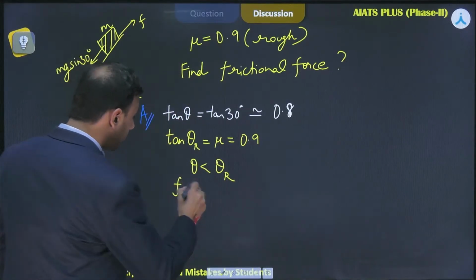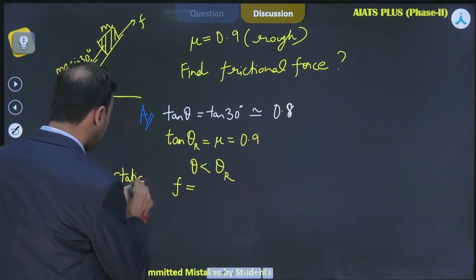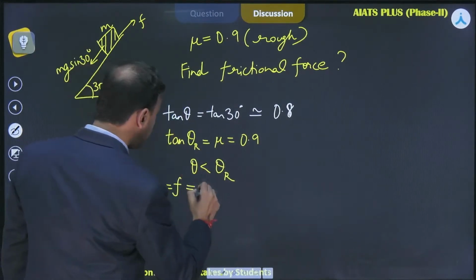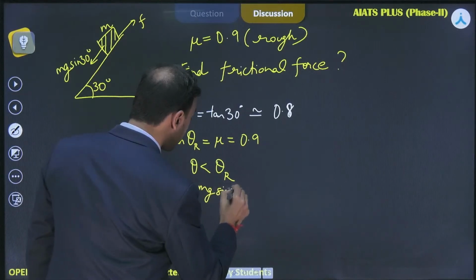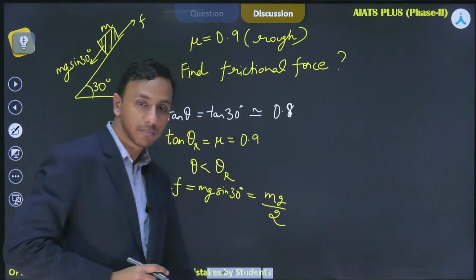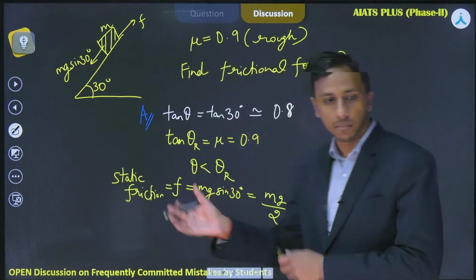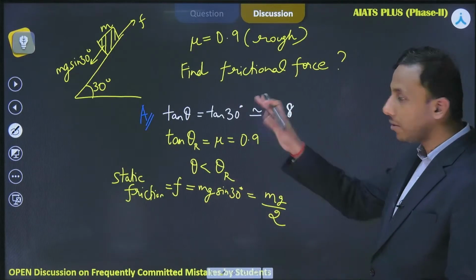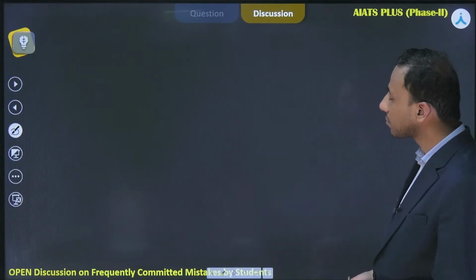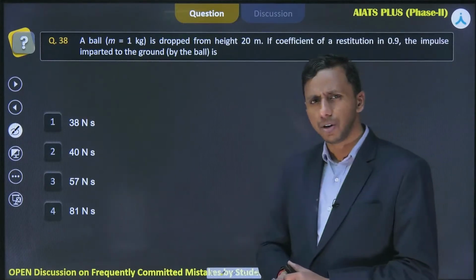So frictional force, which is static friction, you can write down static friction equal to mg sine 30 degree, so mg by 2. I think multiple questions we have done: one where theta was less than theta r, another where theta is more than theta r. Okay, so let's move on to some different topic.